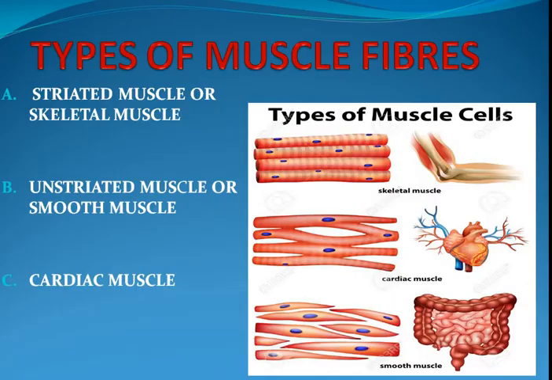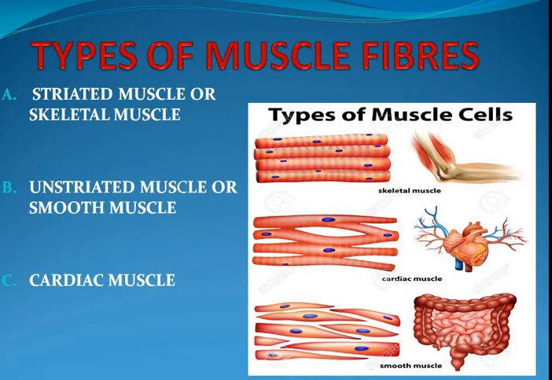Now, let us discuss the different types of muscle fibers. The muscle fibers are of different types on the basis of their location, structure, and function. The muscle fibers may be striated muscle fibers or skeletal muscle fibers.